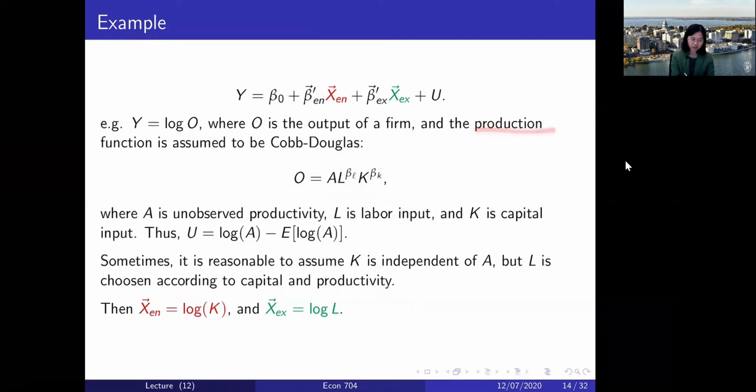If the production function is assumed to be this Cobb-Douglas, that's our model for the production of the firm.